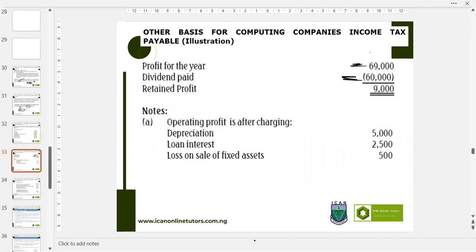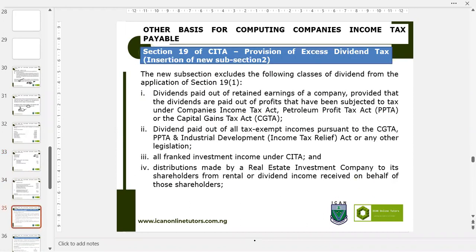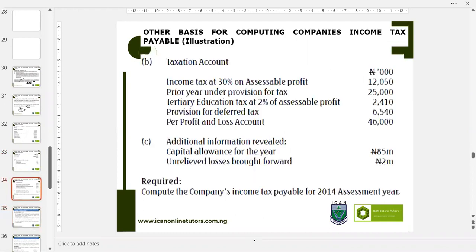So here we have to compute the accessible profit. Having an accounting profit of 69 million naira does not mean the company has a total profit or taxable income of 69 million naira until you make the necessary adjustments in line with the tax provisions. The retained profit is 9 million naira, and you have to compute the company's income tax payable for the 2014 assessment year.